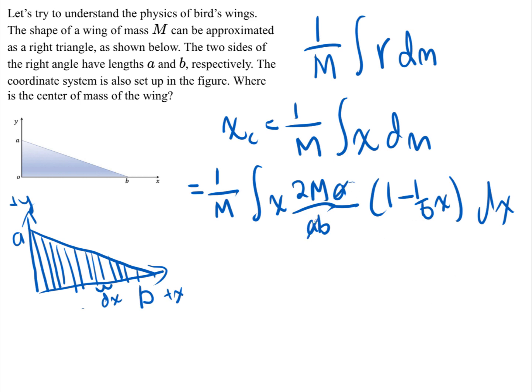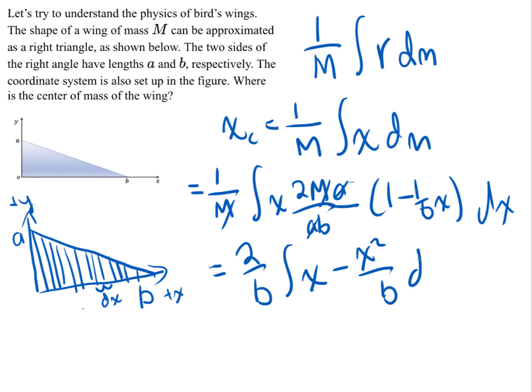The a's cancel out, and we can move 2m over b outside because it's a constant. So the masses inside and outside cancel out. So you're left with 2 over b times the integral of (x minus x squared over b) dx. And again, I distributed x over this part to get this.